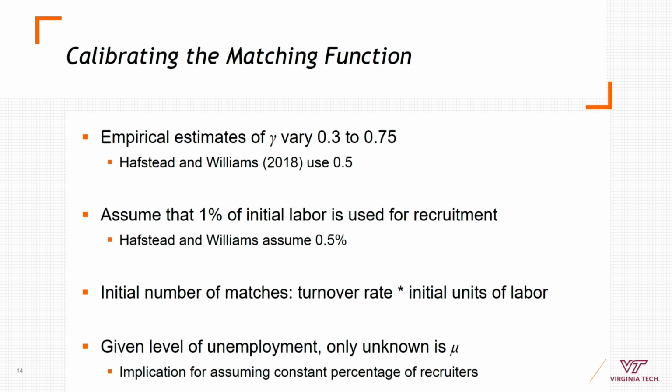I do use a little bit of sensitivity on this later, and we'll talk about its impacts. The next thing I need to assume to calibrate this is how much initial labor is used in recruiting. Halstead and Williams assume that 0.5 of 1% of all labor in each sector is used in recruiting.